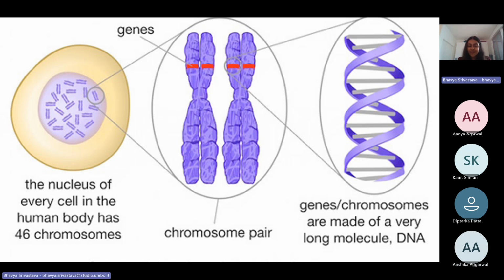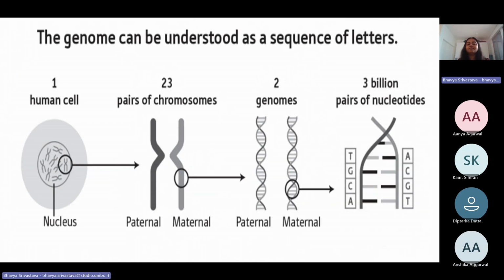This is a more kiddish diagram, but if we go into more significant diagrams, they explain this entire genetic flowchart. So you have the human cell. In the human cell, there's the nucleus, and then there are 23 pairs of chromosomes, the paternal and the maternal, coming from both sides. Then there are genomes that come from the paternal and the maternal side, and each of these genomes has 3 billion pairs of nucleotides. They are represented by the letters T, G, C, A. So there's a sequence of letters like TGCA, ACGT, GCATA. This is what the sequence looks like in the 3 billion pairs of nucleotides.